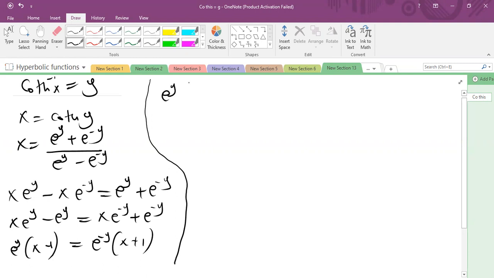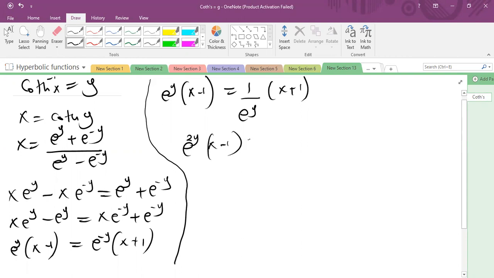I can write this as 1 over e^y times x plus 1. So multiplying both sides by e^y, on this side I'll have e^(2y) times x minus 1 is equal to x plus 1. So bringing this to the other side, I have e^(2y) is equal to x plus 1 over x minus 1.